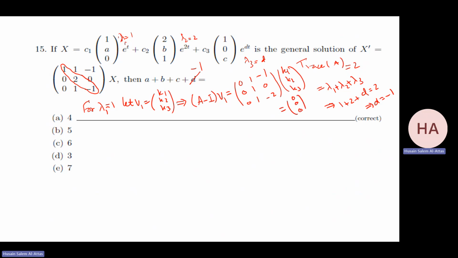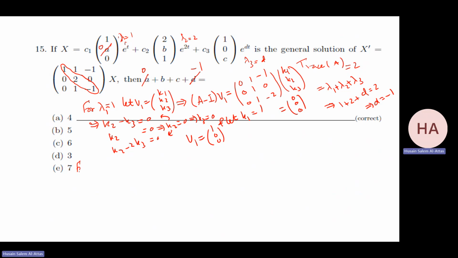So the equations are K2 minus K3 equals 0, K2 equals 0, and K2 minus 2 K3 equals 0. So K2 equals 0, and plugging it in, K3 equals 0. K1 is the free variable, so I let K1 be 1. So my V1 is 1, 0, 0.